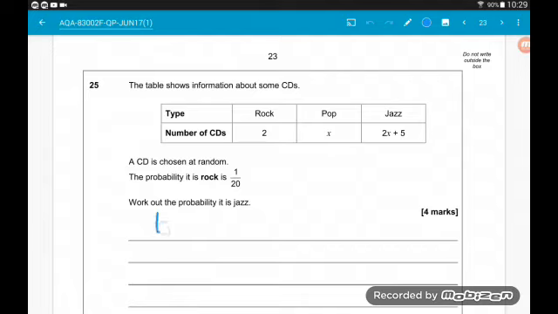So we can say the total over 20 is 2, and then multiply by 20, we get the total number of CDs is 2 times 20, so we've got 40. Personally, I think if you've only got 2 rock CDs out of 40, you're doing something wrong. It should all be rock.